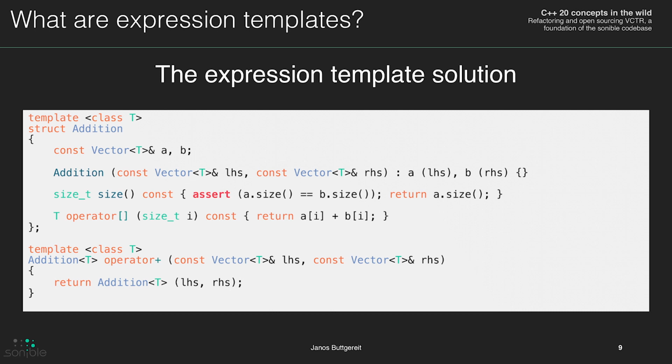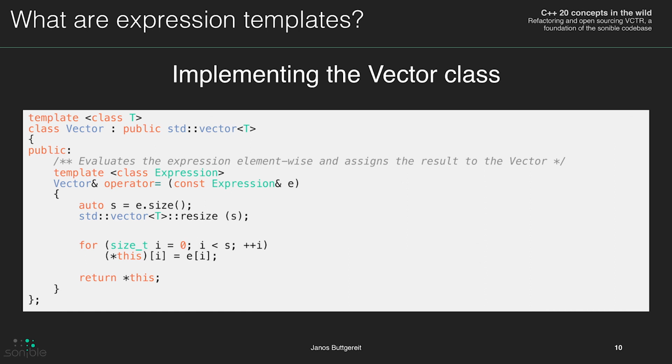Now to make it work, we need another part. This is the vector implementation that we can assign this to. So this is a very basic implementation of this vector, not what our vector looks like. But I just inherited std vector for the sake of the example.